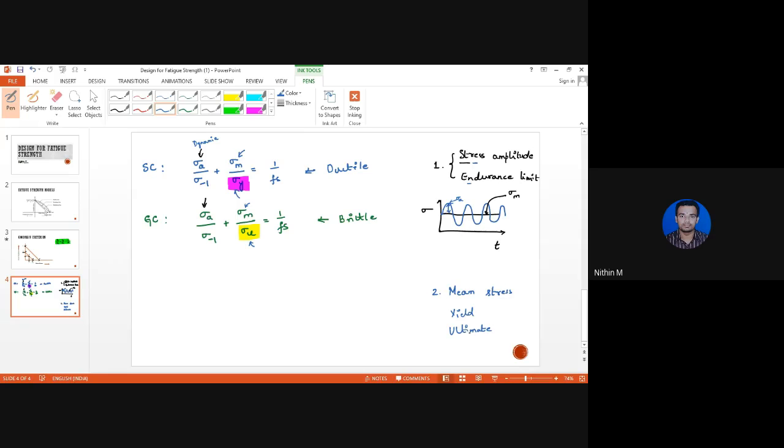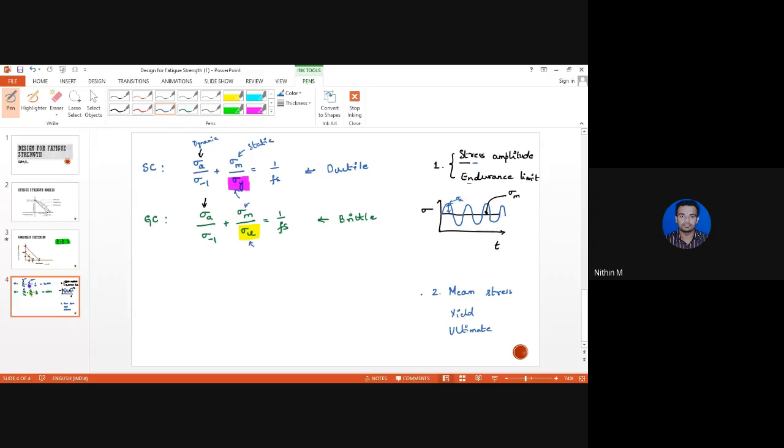If you have any confusion in remembering the equation, always remember amplitude and endurance limit are dynamic in nature, so those two should be paired together. Mean stress as well as yield strength or ultimate strength are static phenomena, and they should be paired with each other.